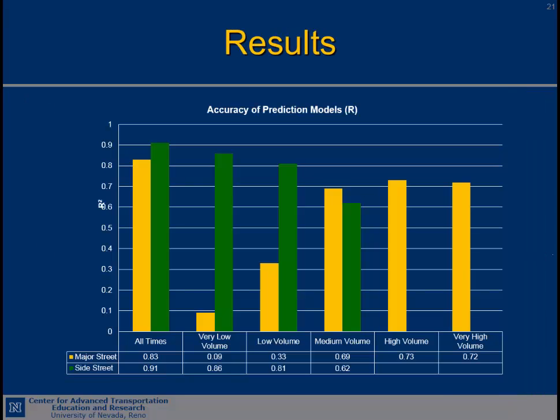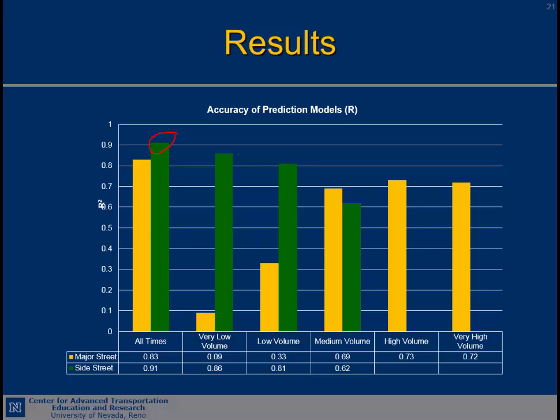So here you can see the summary of results, which shows that at all times the side street has very good accuracy, but when volume is low, you can see that the side street still has good accuracy, but the major street does not.